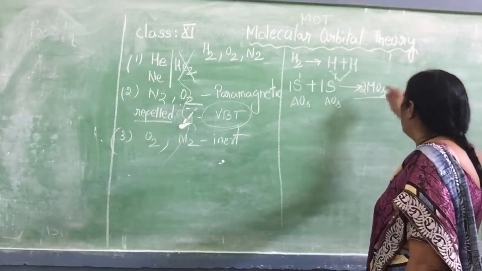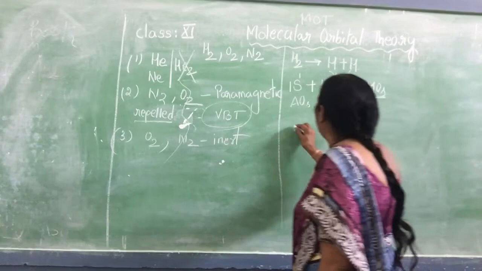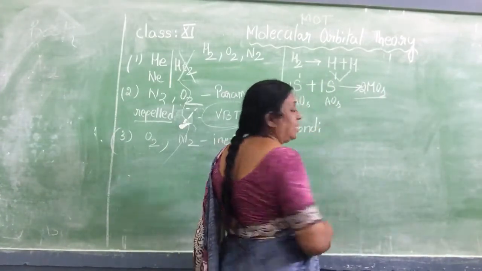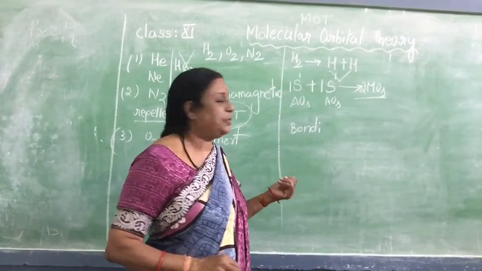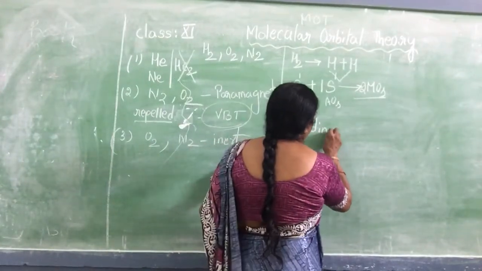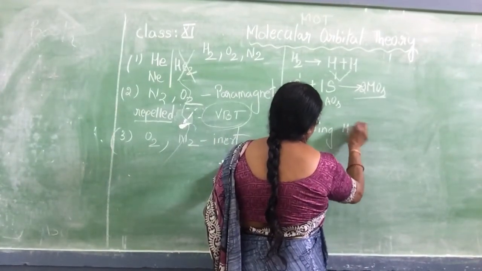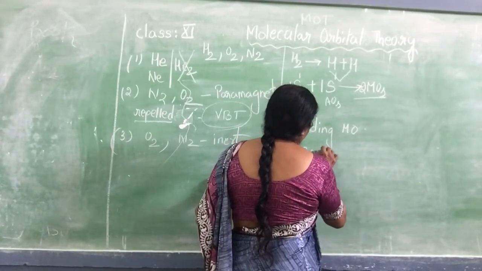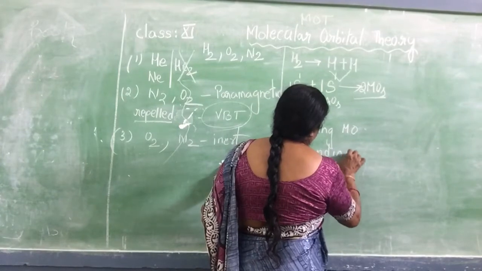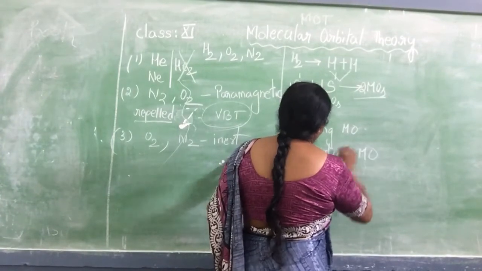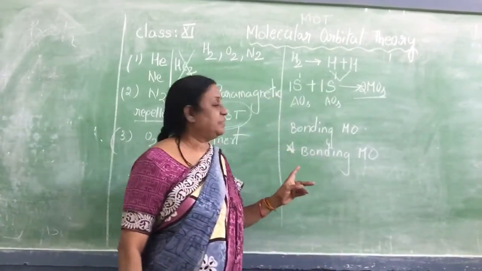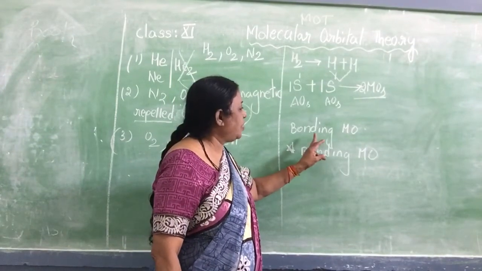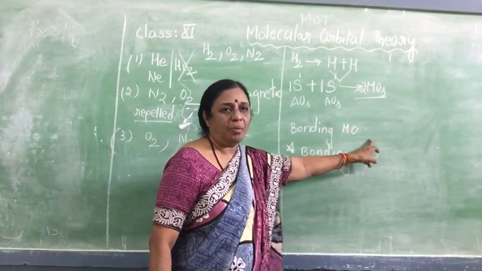Now, of the MOs which are formed, one is called the bonding molecular orbital. Now children, please pay attention from here. This is a new topic for you. One is the bonding molecular orbital and the second one is the anti-bonding molecular orbital. Anti-bonding we simply represent with a star. Look at the board. First one, bonding molecular orbital.